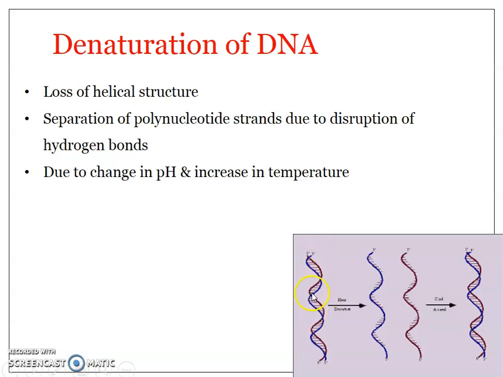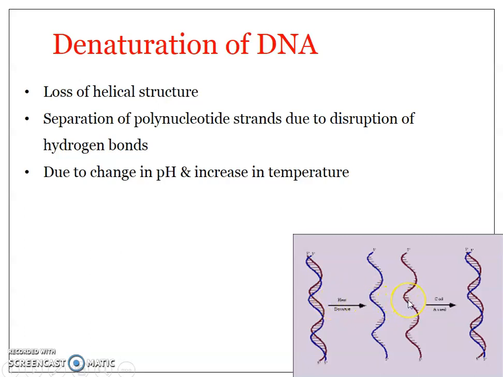But when the temperature of the system is increased to more than 75 or almost 90, the hydrogen bonds between the polynucleotide chains tend to break. They get disrupted, and this leads to the separation of the two polynucleotide chains.